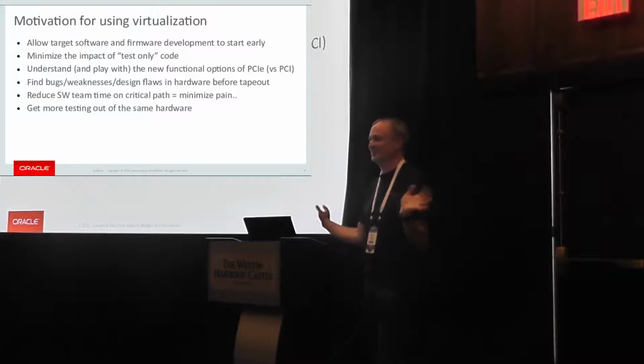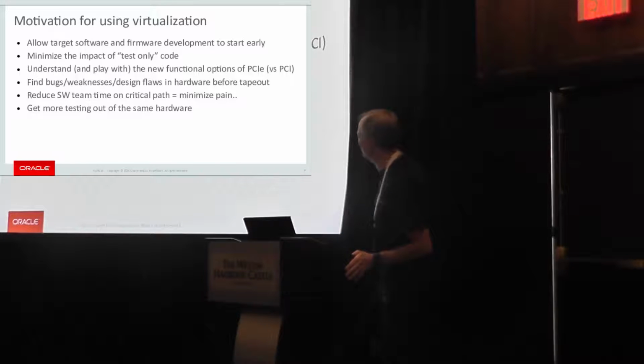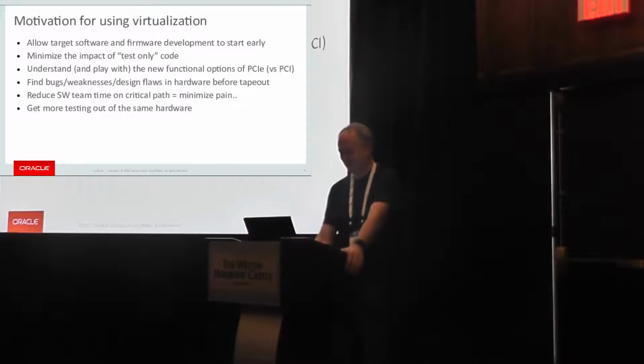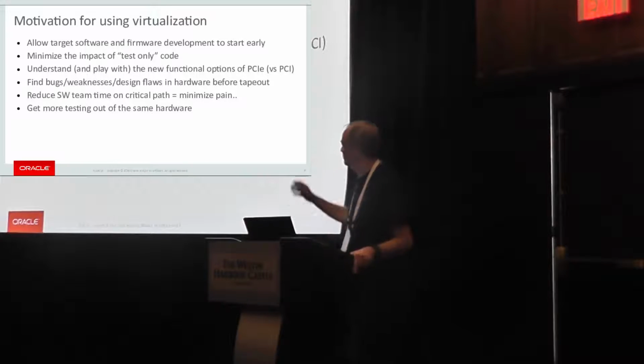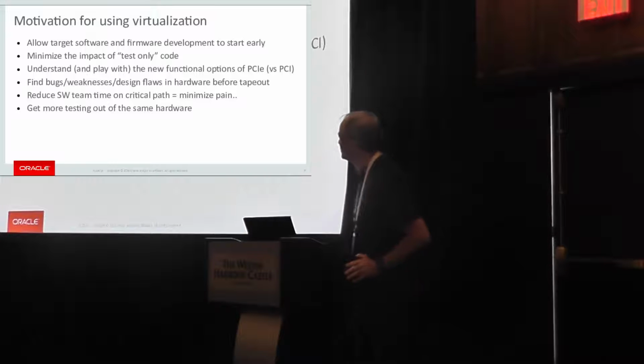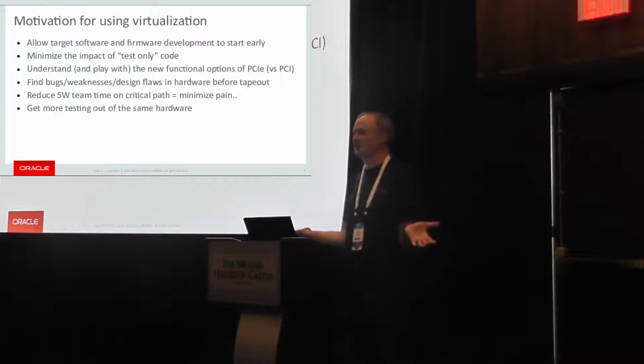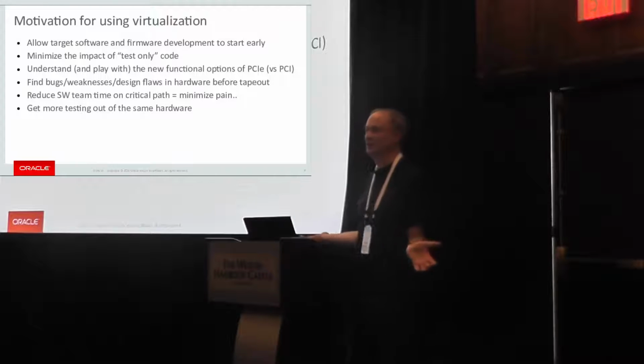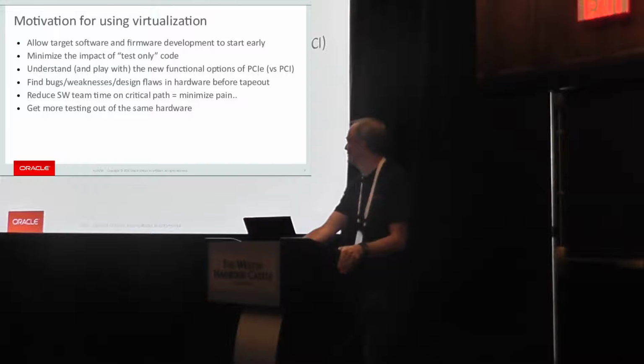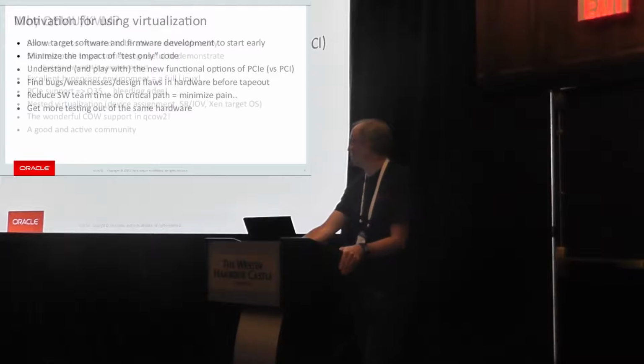That part we didn't quite succeed in, but it improved. And the final point here is also very important. There's always limited hardware, so using virtualization we could do more with the same amount of hardware. Do more testing, get more out of the hardware we had.